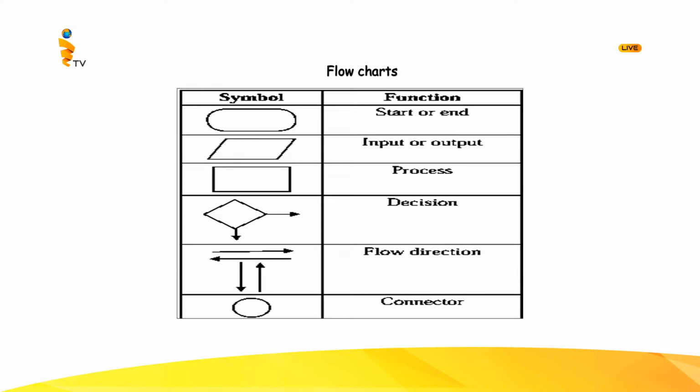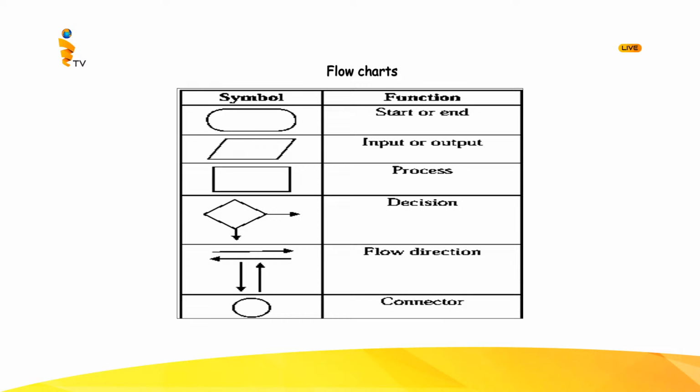And can you remember, we learned the control structures. To indicate our selection or decision, we use this diamond shape with two arrows connected to that diamond. So we use that symbol to indicate a decision.